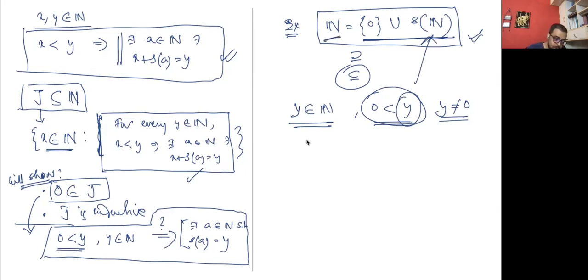If you have an element here in N which is not this, then it has to come from this part. So that would tell you that there is in fact something in N such that, which is what you wanted to check. So you will have this part once you write down a proof of this statement.